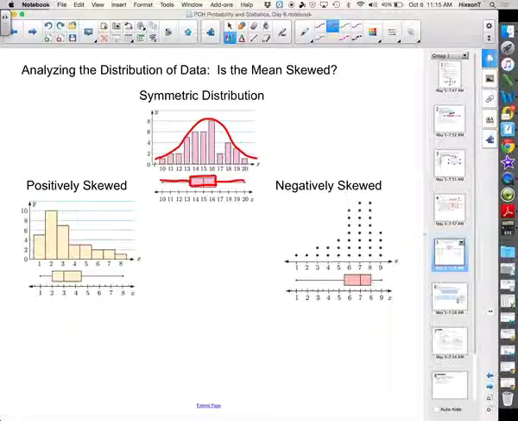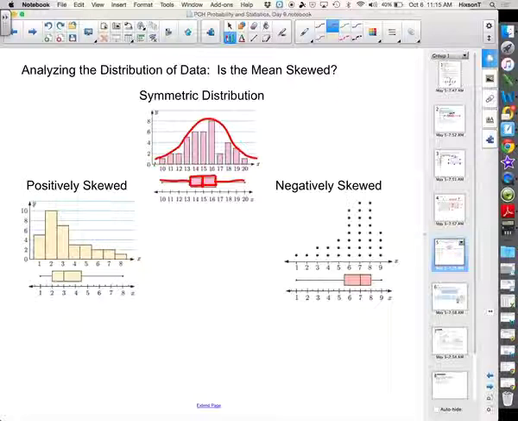Okay? So it's kind of centered there. And if we were to find the mean of all this data, we would find that it's pretty close to where the median is at 15 here. Alright? Now, it's not necessarily going to be exactly 15, but it's going to be pretty close.